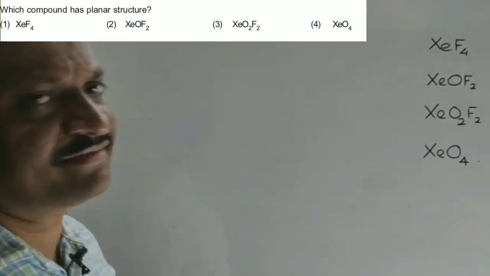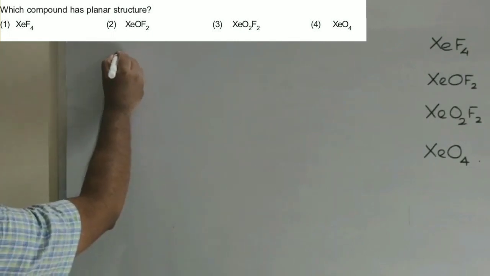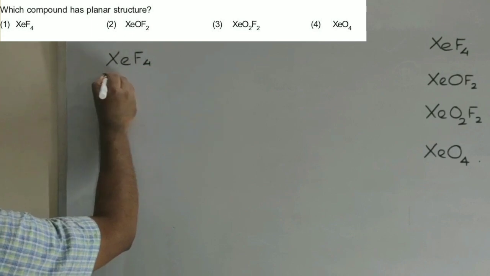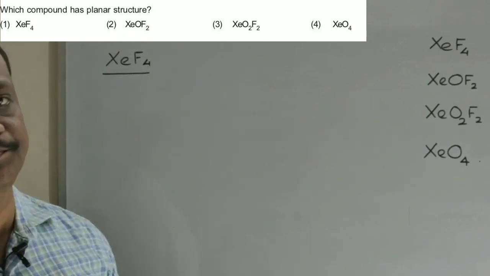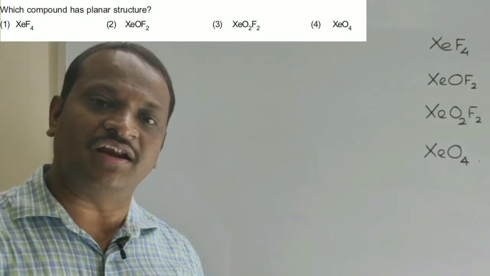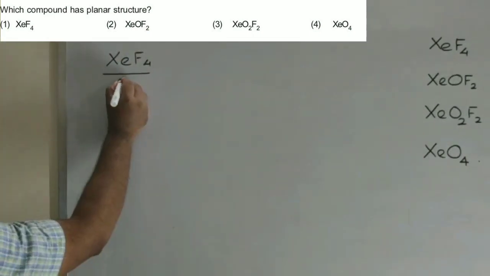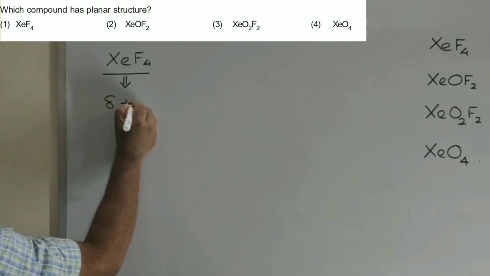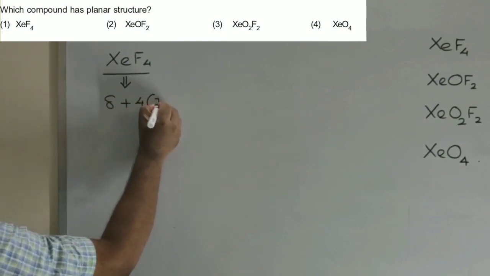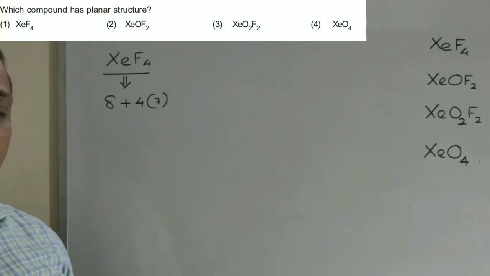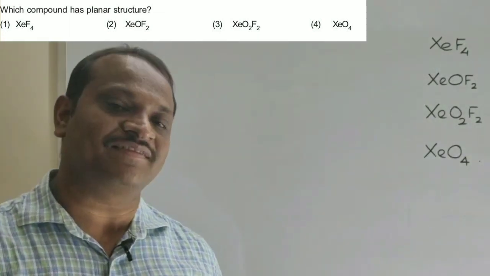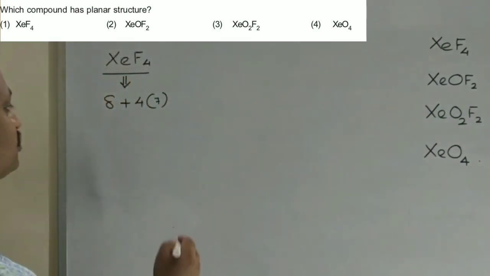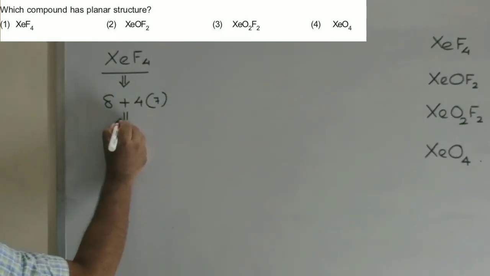Let's start with XeF4. First of all, you need to calculate the sigma of valence electrons. In this case we get 8 plus 4 into 7, that is 28 plus 8, which is 36.